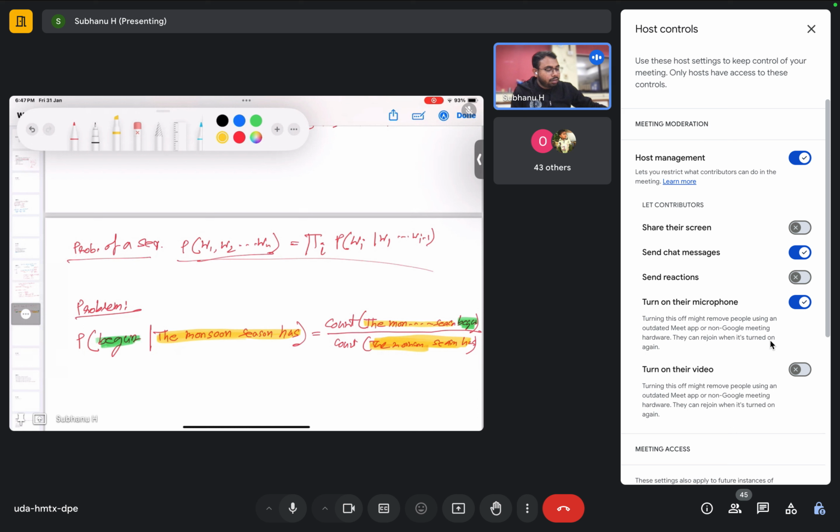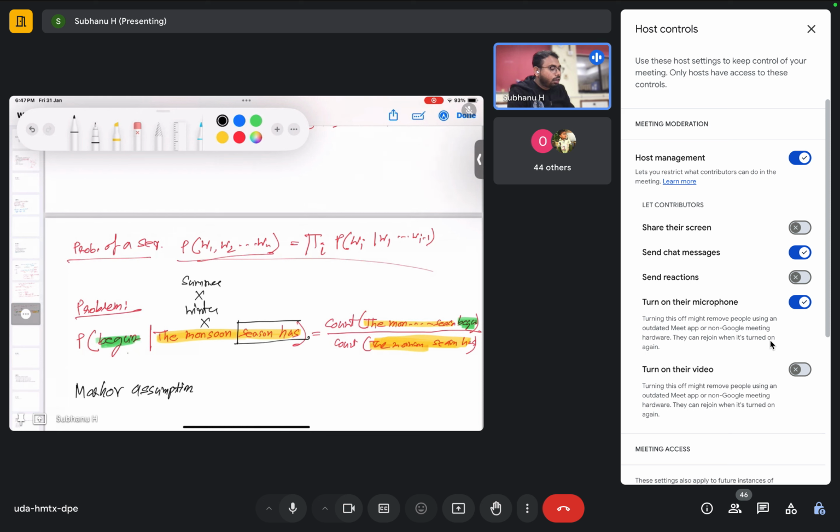But the problem is that if your sentence is very long, then the data will not be available. So that's why we try to assume the Markov assumption. Okay, so we will not always take a very big sentence. We assume that begun only depends on season has. Then monsoon can be replaced with winter, and also with summer.